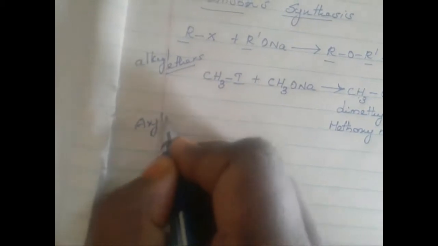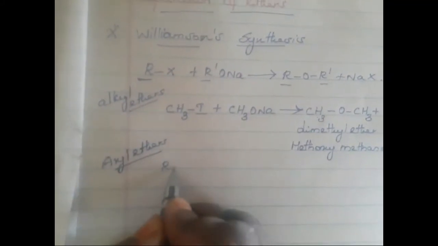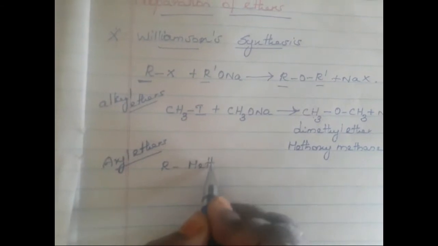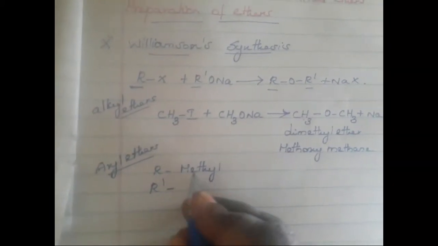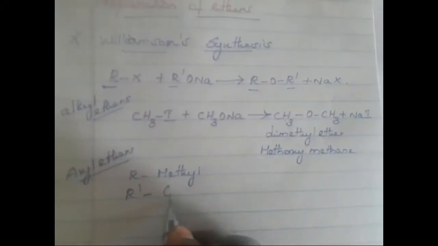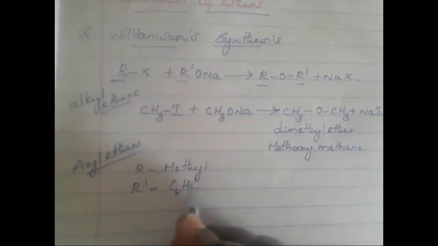Same way, let us prepare aryl ethers. So what we have to do, I am going to replace this R with a methyl group and R' with C6H5, that is the phenyl group, right?